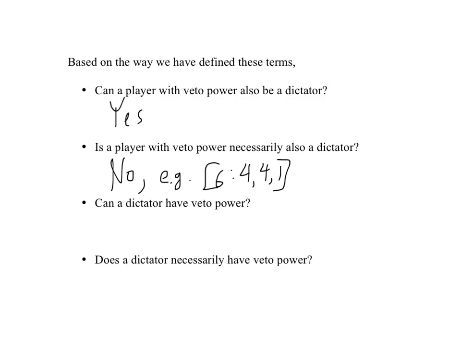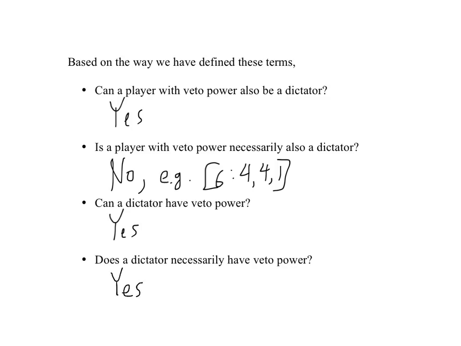We go on to ask, can a dictator have veto power? Well, yes. After all, if you're a dictator, then you appear in a winning coalition by yourself. No reason why you couldn't appear in all the winning coalitions. So sure, a dictator can have veto power, and in fact, when we ask, does a dictator necessarily have veto power, there too the answer is yes.